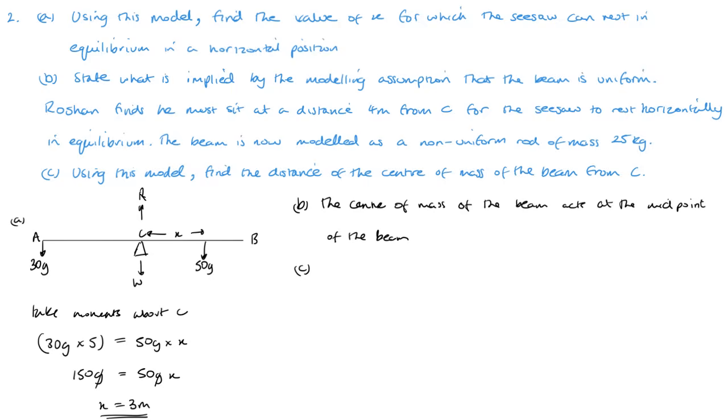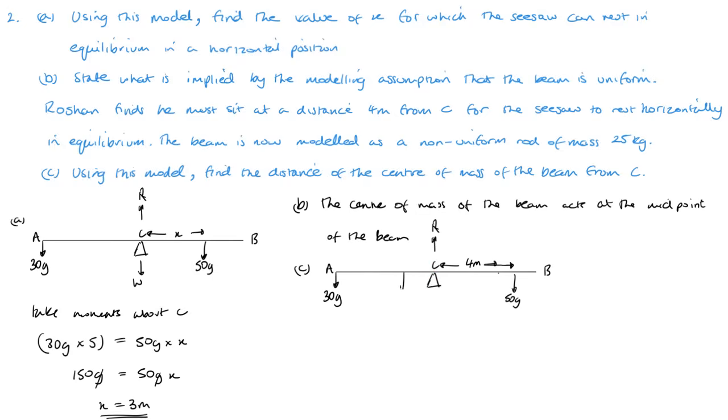Using this model, find the distance of the centre of mass of the beam from C. Okay, so we've got something like this. Now, we know that originally when the weight was acting in the centre, this was at 3 meters. So if he's gone an extra meter this way, then the weight of this beam must act slightly to the left of this.